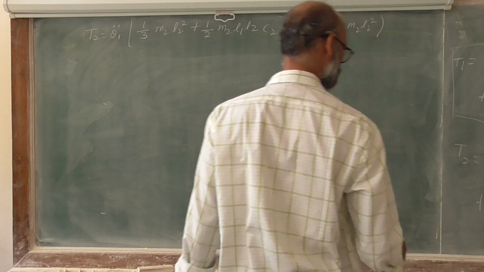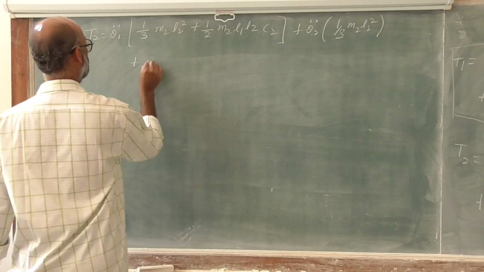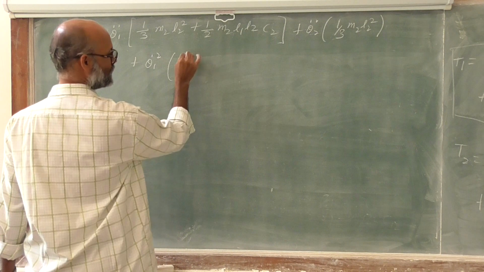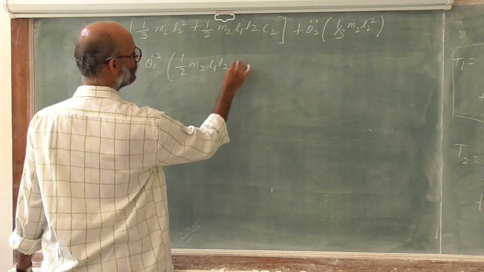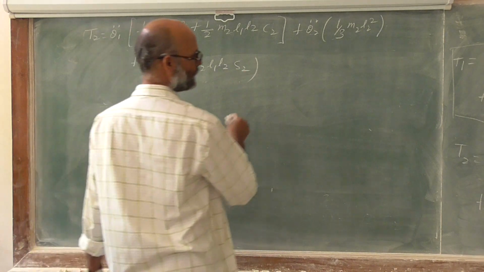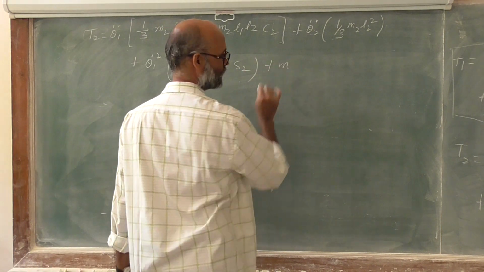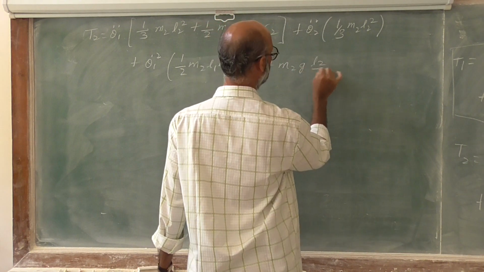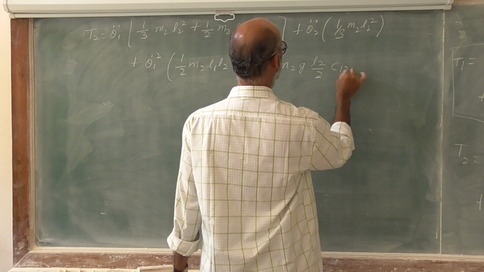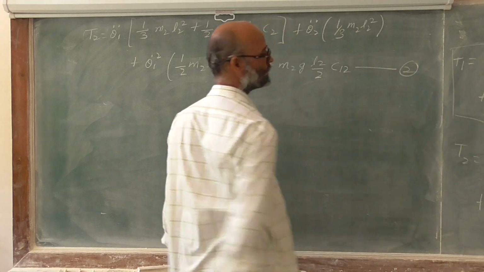The theta 1 has vanished. We have only plus theta 1 dot square term is there. That is 1 by 2 M2 L1 L2 S2 and plus we have that potential term, the gravity term, minus M2G L2 by 2 C. This is equation number 2.